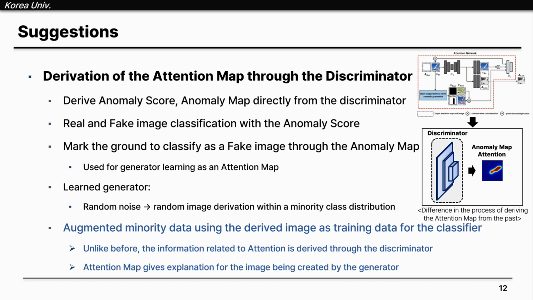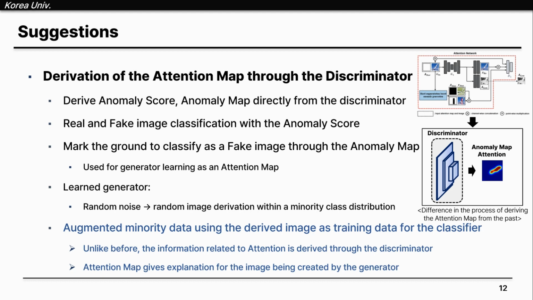Finally, the generator that has learned will receive random noise and derive random images within the minority class image distribution. The derived images are used as the training data of the classifier to augment the data of the minority class.